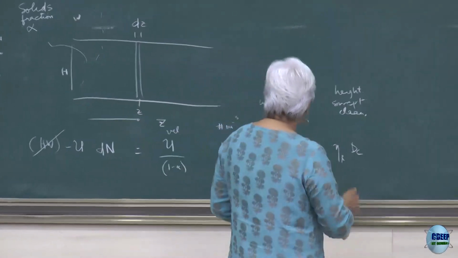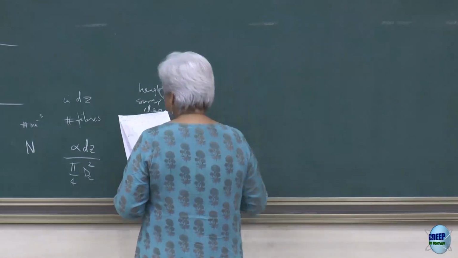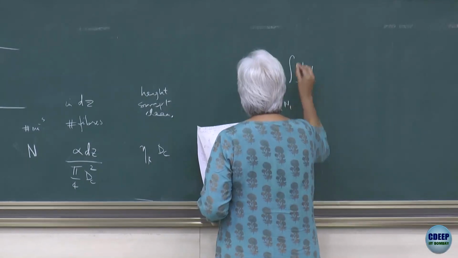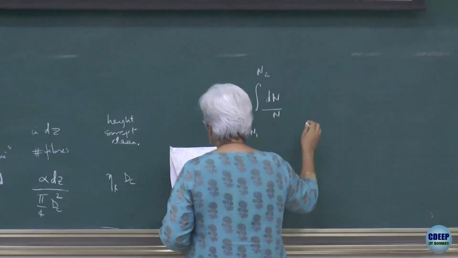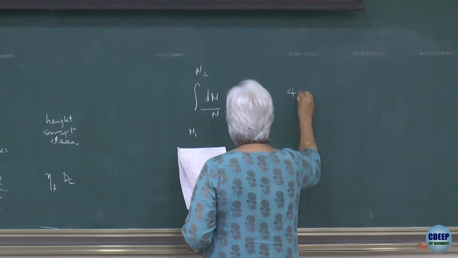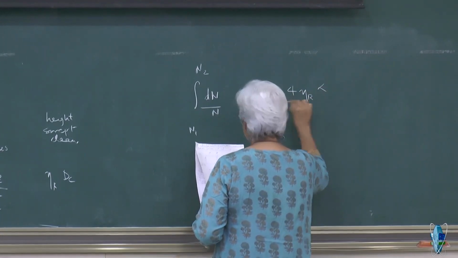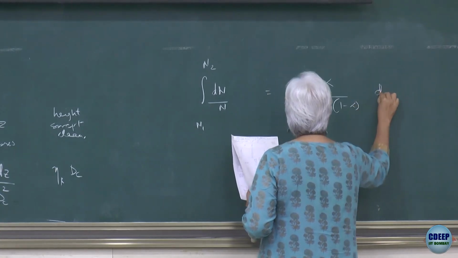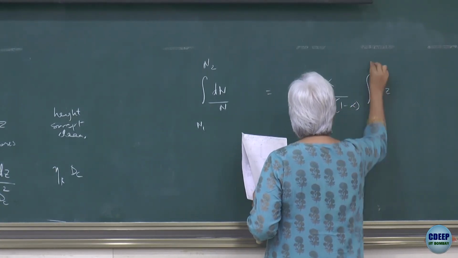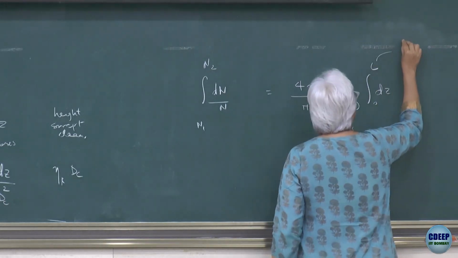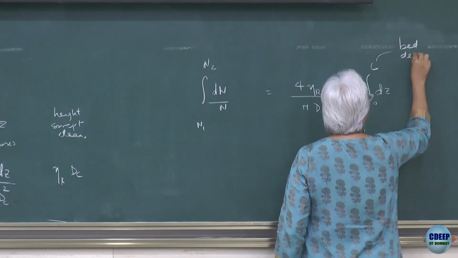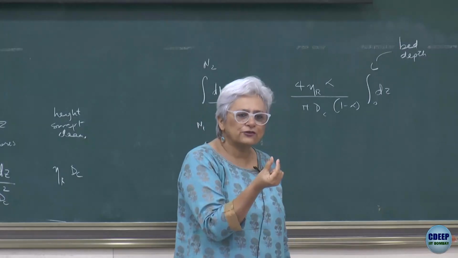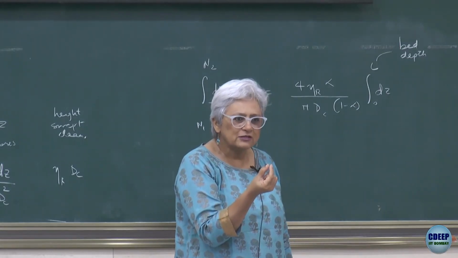So given this as the framework, we can go ahead and just integrate it. N1 to N2, which is a concentration, is going to be 4, and this is called the bed depth, it's how thick your filter is, and it's going to be a very small bed depth.